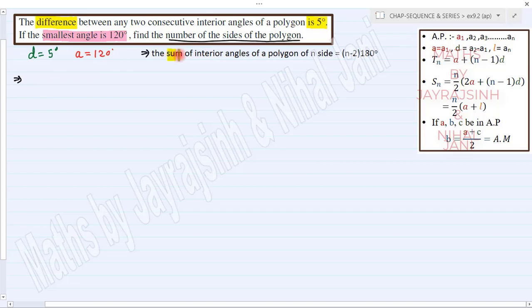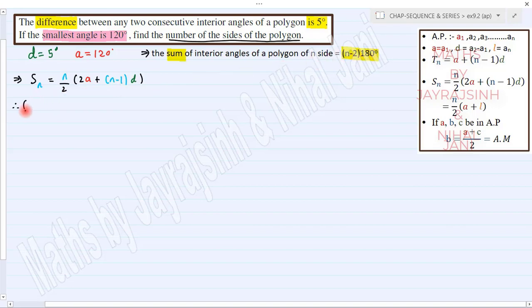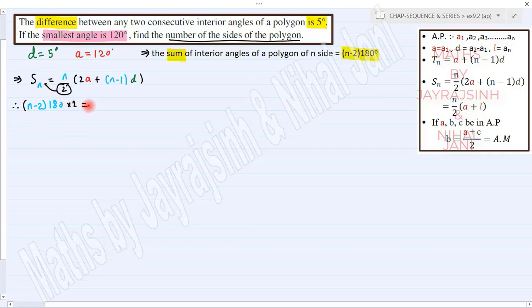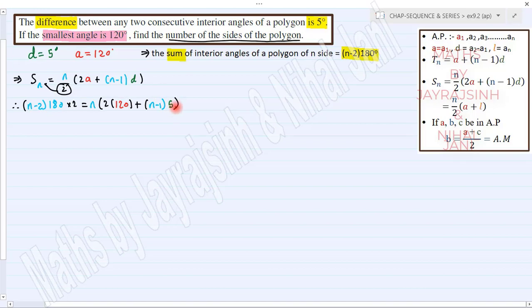That means we have to find S_n using its first formula, where the summation is given by (n minus 2) into 180. Now let's move this 2 to the right hand side. We'll get 180 into 2 is equal to n into [2 times a, which is 120, plus (n minus 1) into d, which is 5 degrees].